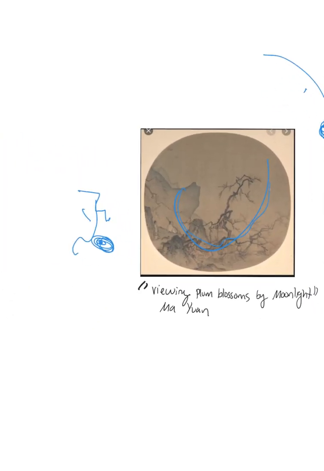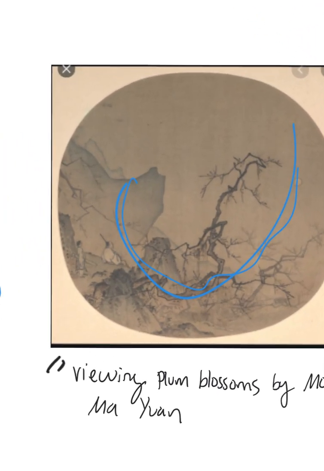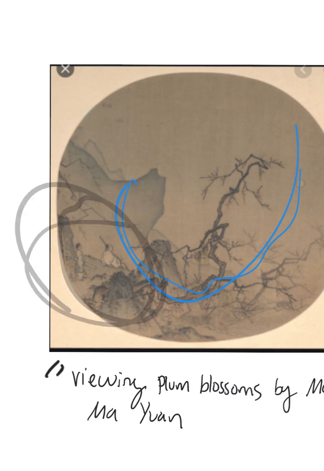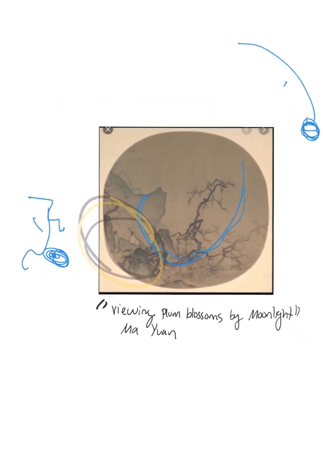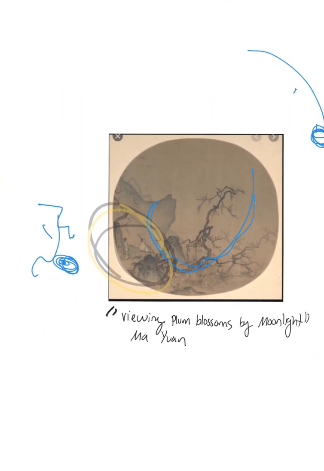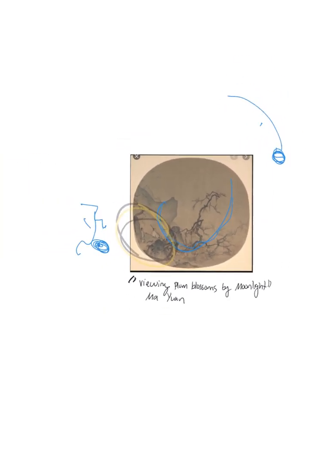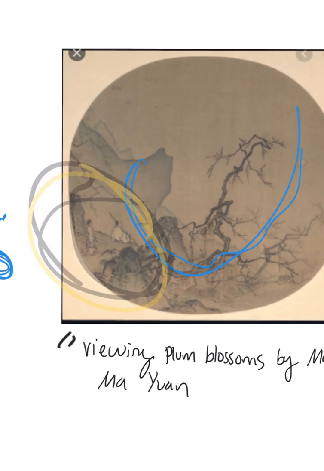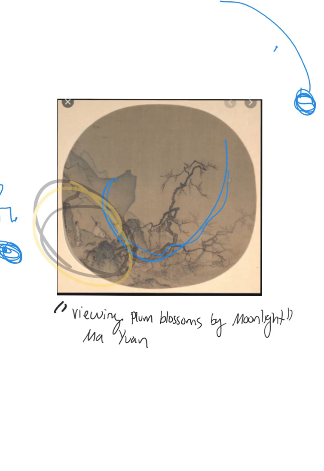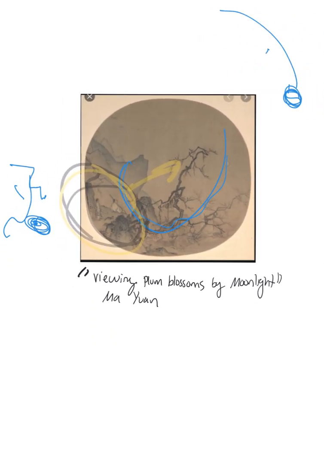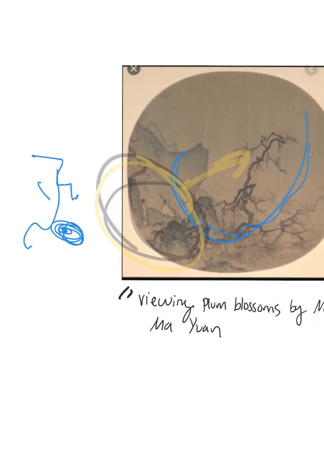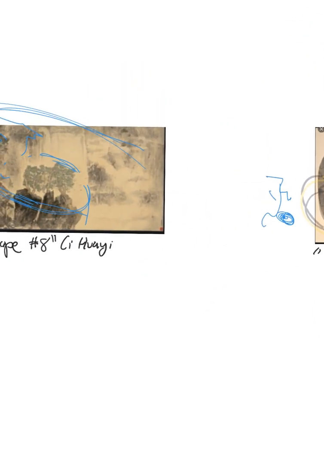And in Southern Song, you can see the people in it. They're right there. They're quite noticeable. In fact, if you compare it with Fan Quan's work, Fan Quan's little travelers are so small I could barely see them on this format. But here, they're quite noticeable. In fact, they're looking up at the moon, viewing the plum blossoms by moonlight, as the title says.